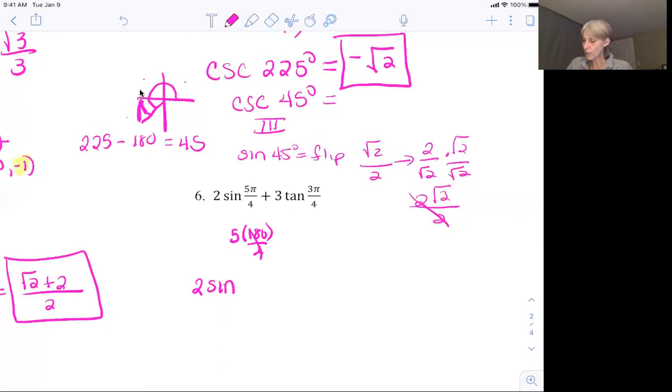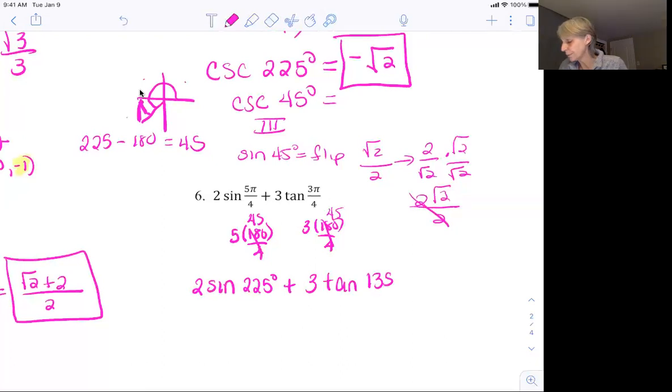So this is really 5 times 45. I can do this in my head. Plus 3 times 180 divided by 4. 3 times 45. 3 times the tangent of 3 times 45 is 135.